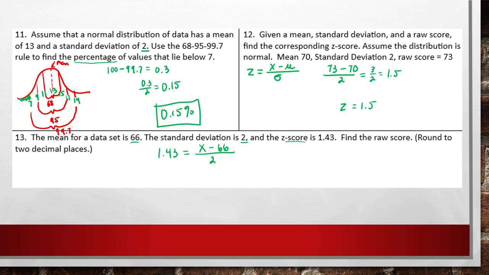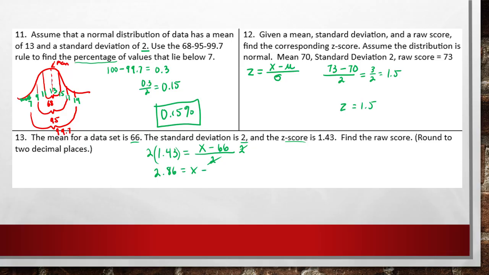So here we just have to go through and solve for x. So first I want to get rid of that 2 that's in the denominator. So I'm going to multiply both sides by 2 so that that cancels on this side. So 2 times the 1.43 gives us 2.86.